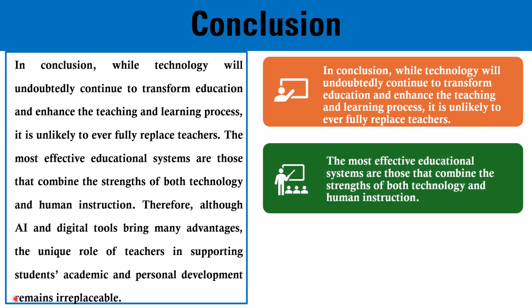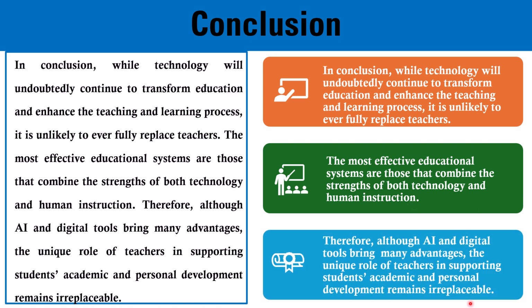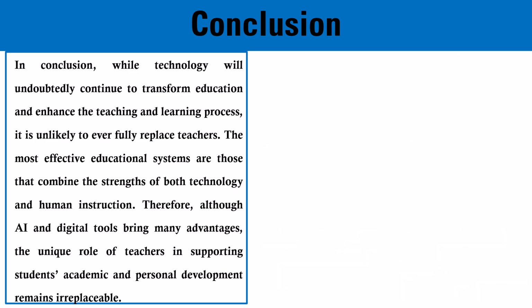The second sentence goes a step further and explains what effective education should look like, a combination of both technology and human guidance. The final sentence emphasizes the teacher's unique role, especially in personal and academic growth. This leaves the reader with a clear opinion.